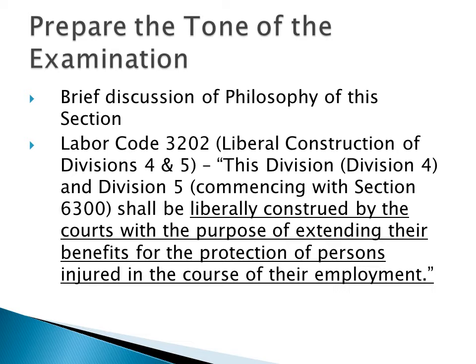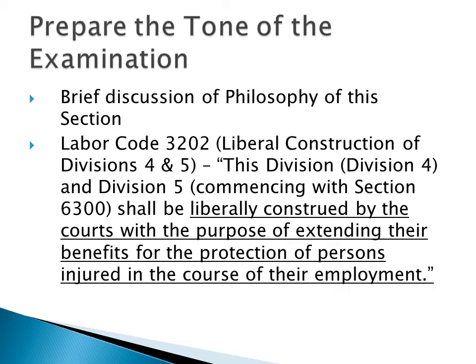Let's read that again. This division shall be liberally construed by the courts with the purpose of extending their benefits for the protection of persons injured in the course of their employment.